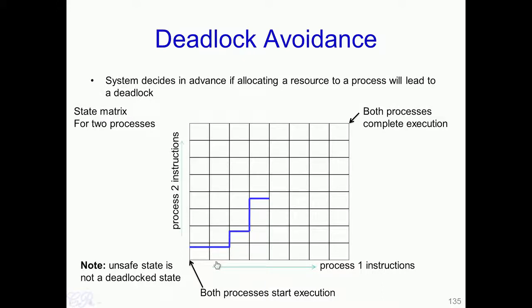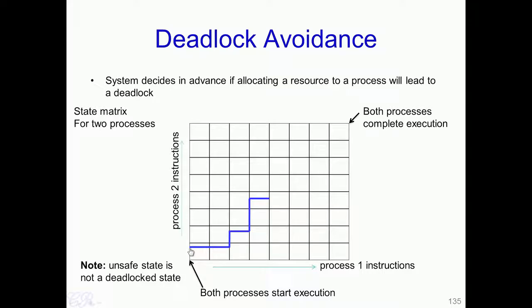Now, you see, depending on how the operating system schedules, how various resources are allocated or deallocated to process 1 and process 2, this particular trace, or rather the execution trace of process 1 with respect to process 2, would vary.